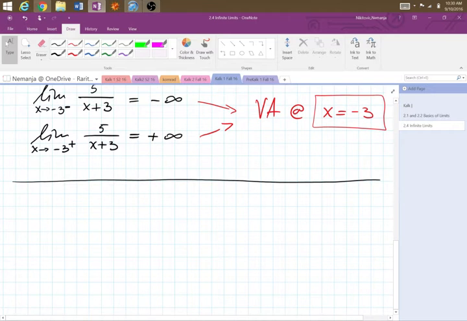So now let's take a look at a spicier example. Let's say you are considering the function x minus 5 over x squared minus 25. And you would like to know, are there any vertical asymptotes?